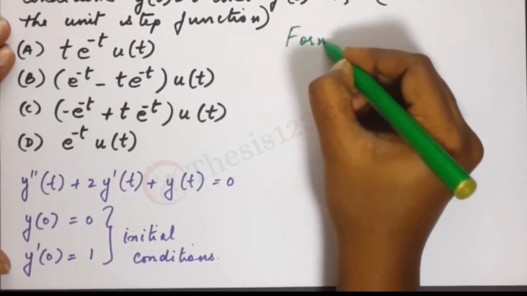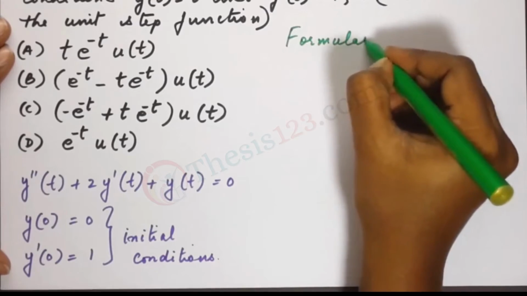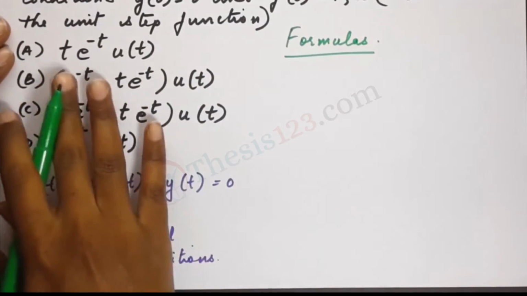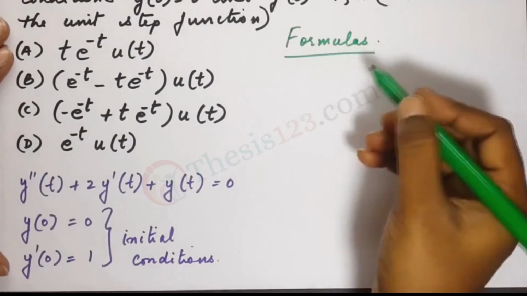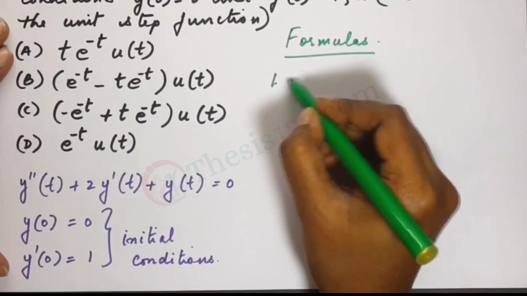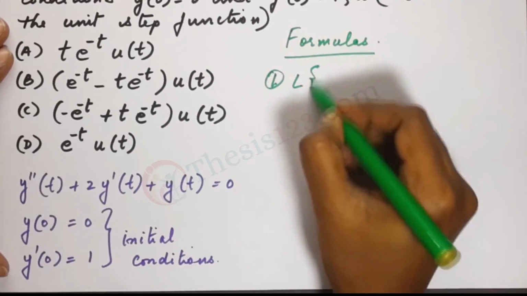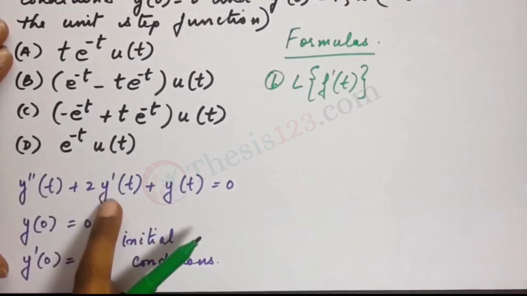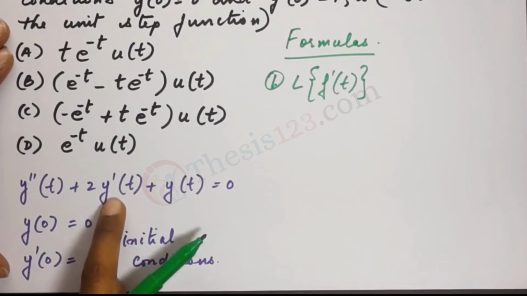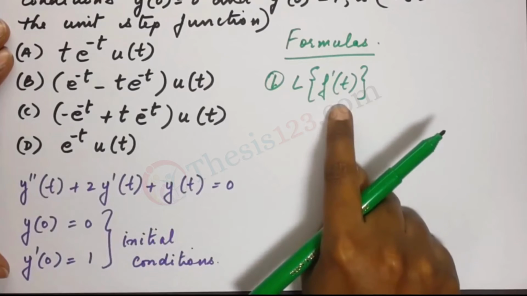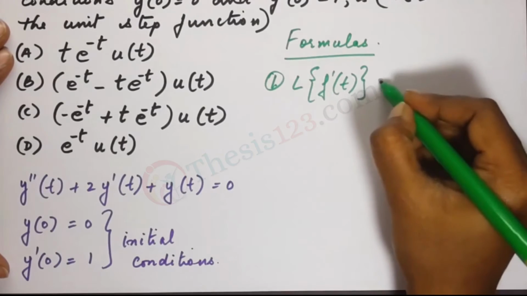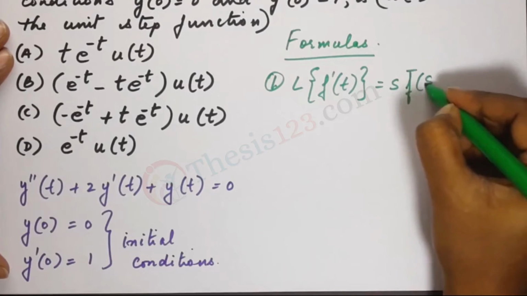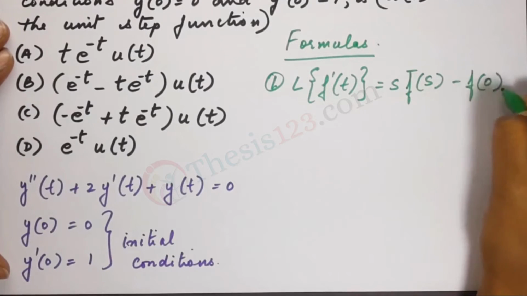So just to give you a review, I'm going to write down only the formulas that we'll be using for this equation. The first one is the Laplace of f dash t. Since we are dealing with a differential equation, we have both first derivative and second derivative. So the Laplace of the first derivative is s f dash of s minus f of 0.